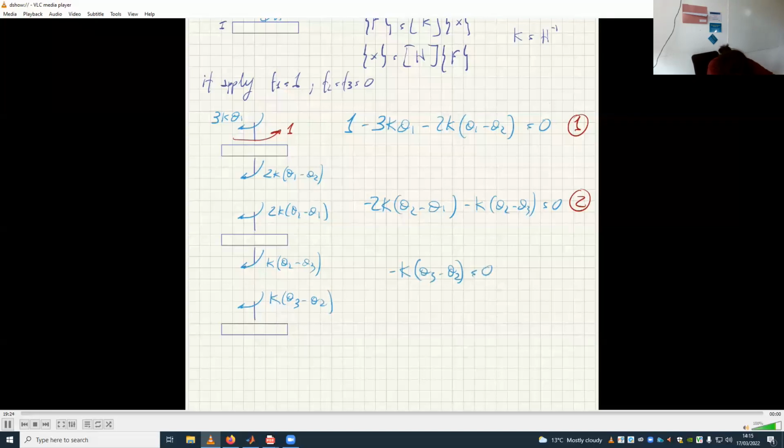This is my third equation. Now look what's going on here. This thing is 0, and so this thing is 0. Do you agree? This is this. Okay? So what I'm saying is that this is 0.